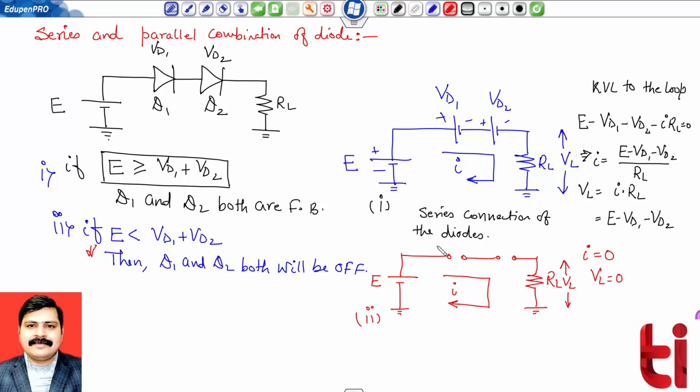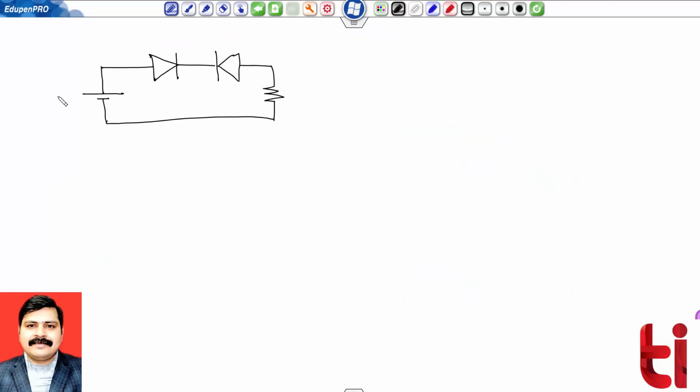So this is my series combination, and let us discuss one more issue. This is how the direction of the diode is connected: external battery E, diode D1, diode D2, load resistance RL. Now this is the interesting part.